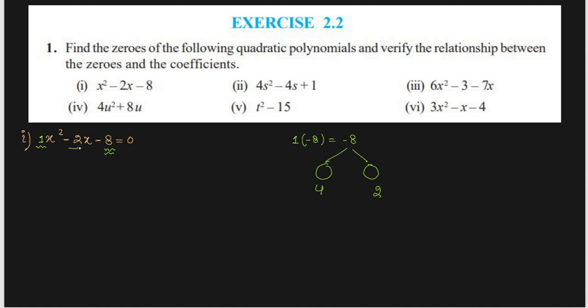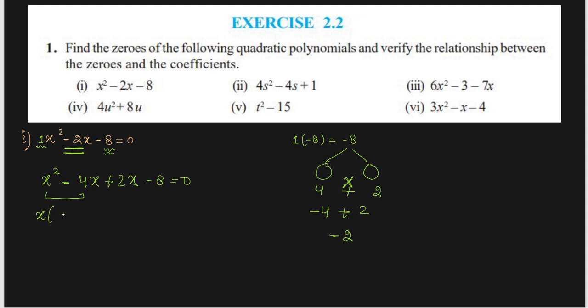But I want negative 2. 4 plus 2 will not give negative 2. But if I take negative 4 and positive 2, then I get negative 2. So I'll break the middle term into negative 4x, positive 2x, and negative 8 equals 0.